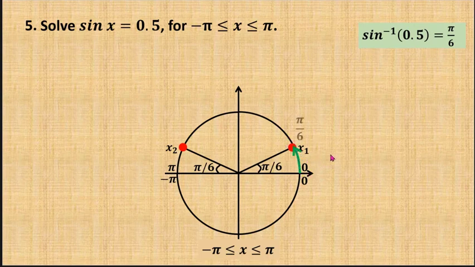It is equal to pi over 6. The angle in the second quadrant is from 0 to x2 in the direction of anti-clockwise, which is equal to 5 pi over 6. So the answer is pi over 6 and 5 pi over 6.